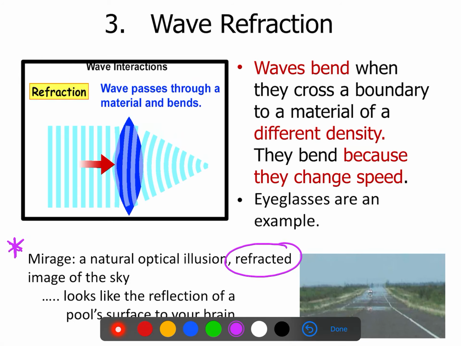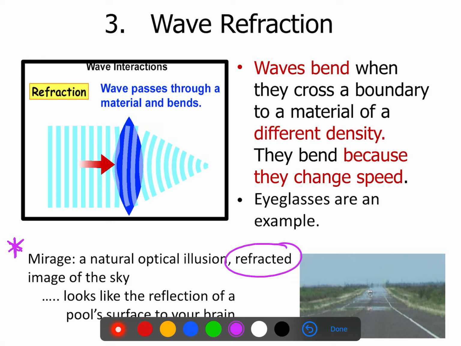So basically what happens in a mirage is the light is going to pass through the air molecules. And in this particular situation, you can see my example here is a road. Let's just assume that we are in Texas and it's July or August. We know that that road is going to be super, super hot.